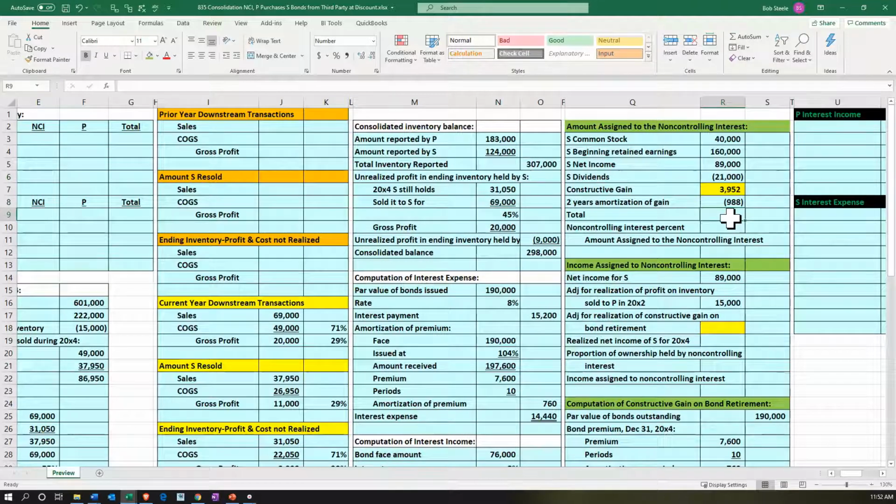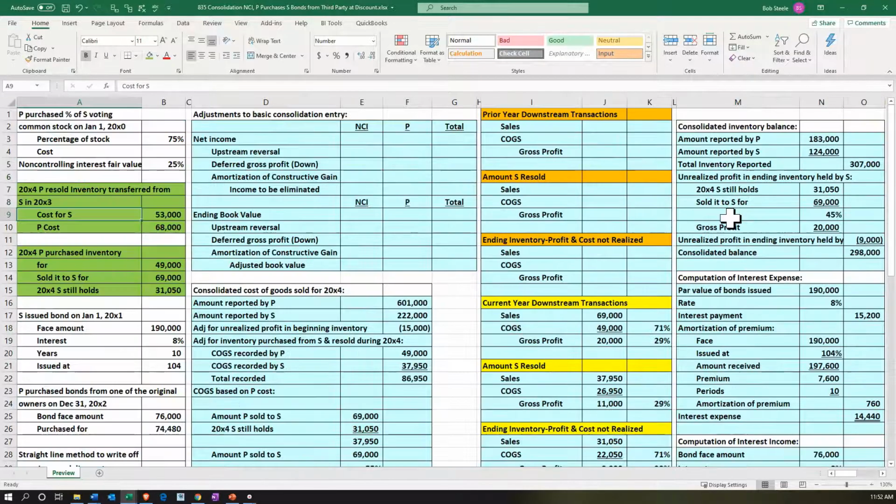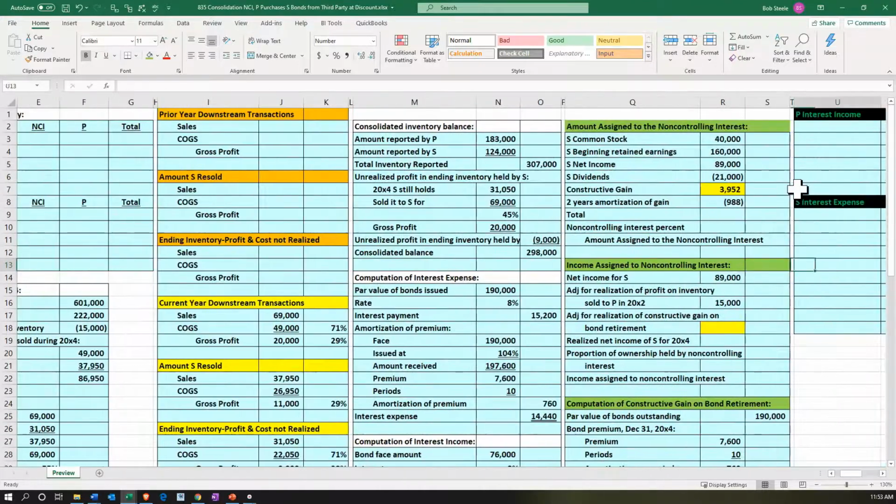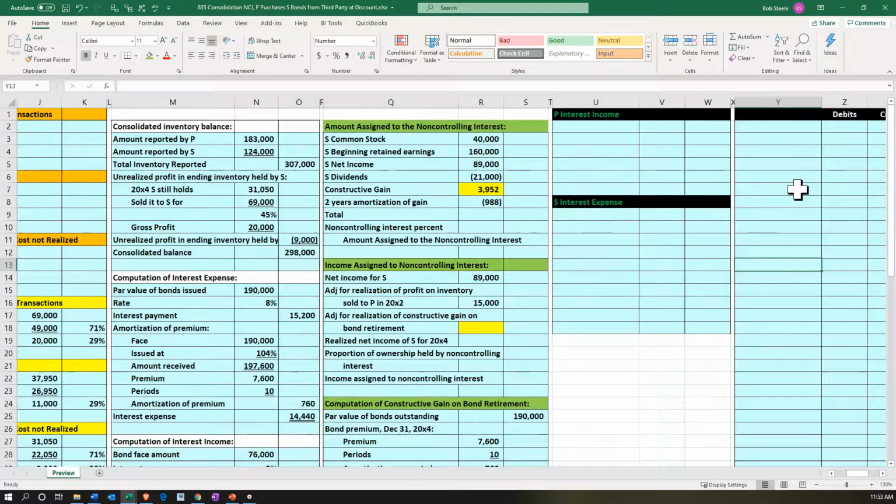Now you might say, where did the 2 come from? Why am I multiplying times 2? That's because the amortization we're having as of 2000X2 is when P purchased the bonds, and that was as of December. So we've got year 3 and 4, 2 years that we're going to be dealing with regarding the amortization. Let's total that up.